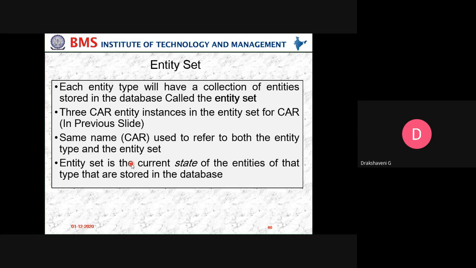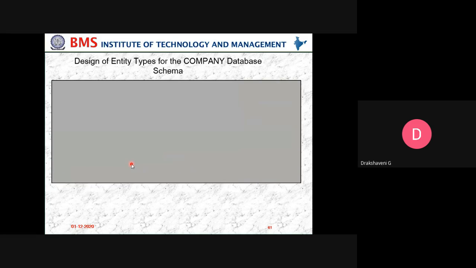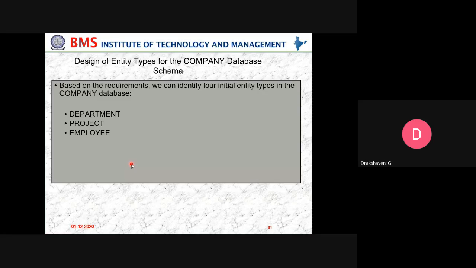The entity set is the current state of the entities of that type that are stored in the database. Based on the attributes, we can identify four initial entity types in the company database: department, project, employee, and dependents. The initial attributes shown are derived from the requirement description.